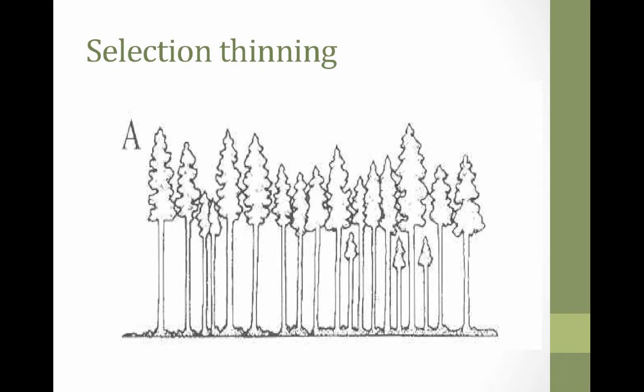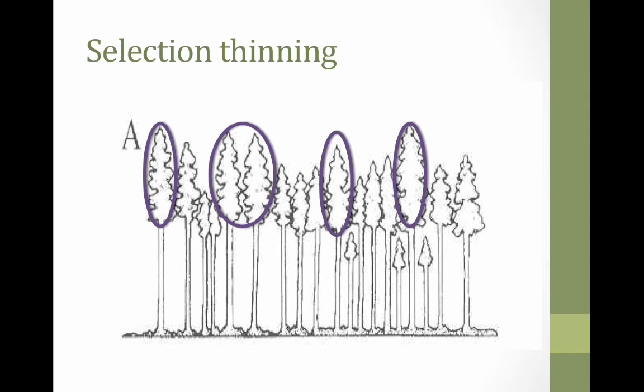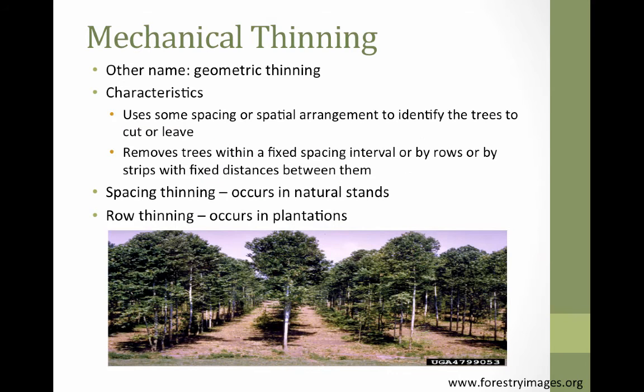So what might we do? So yeah, we're taking out those biggest trees, those most vigorous trees, with the idea that what we're releasing is more desirable than what we're taking out. Again, a very fine line you're walking.